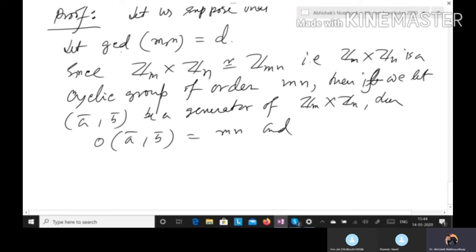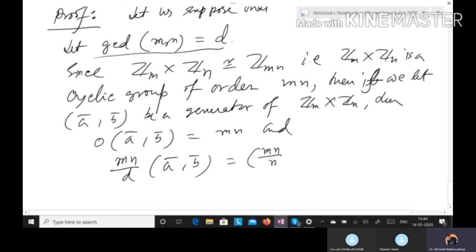since we have considered that GCD of m, n is d, so we just write down mn by d. But mn by d, although it looks like a fraction, is not. It is an integer, since d is the GCD of m, n. So mn by d times a class, b class. That is, we are adding a class, b class up to mn by d times. Then what shall we get?